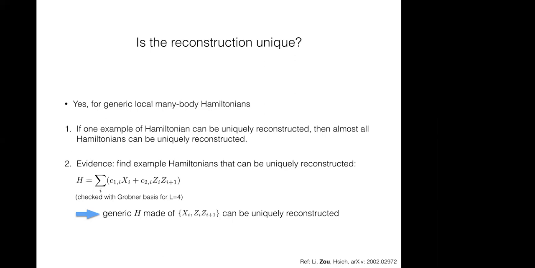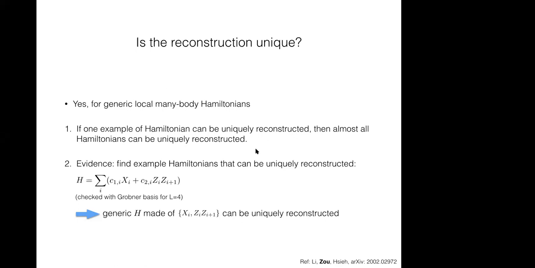This may not be surprising because to determine whether a set of linear equations has any solution, what we have to look at is the determinant of the coefficient matrix. And the determinant of the coefficient matrix is a polynomial of the coefficients of the equation. So more generally, it's still true that for the set of equations we have, the uniqueness and existence of solutions are also determined by some polynomial conditions of the coefficients. And then you can use some analytical properties of the polynomial functions to show this statement. This is the first step.